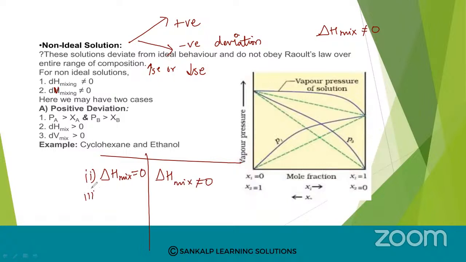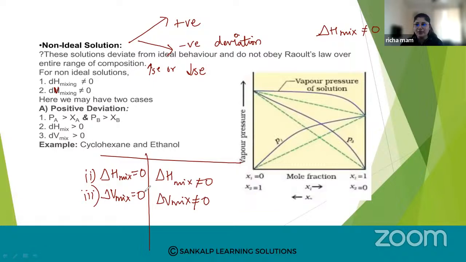Similarly, the third point is what? Here the change in volume of mixing is equal to 0, that is delta V mix is equal to 0, and here delta V mix is not equal to 0. So the volume change of mixing of pure components is not equal to 0 in the non-ideal solution.